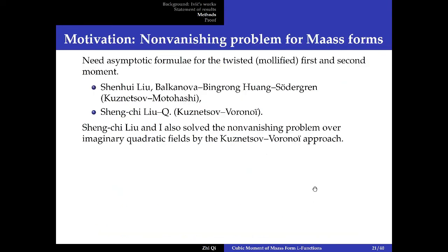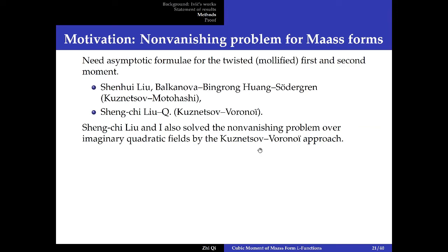And one motivation is a non-vanishing problem for Maass forms. So in this case, for this problem, you need to consider the first moment, the twisted first moment and the second moment. And also you can say the modified moments.